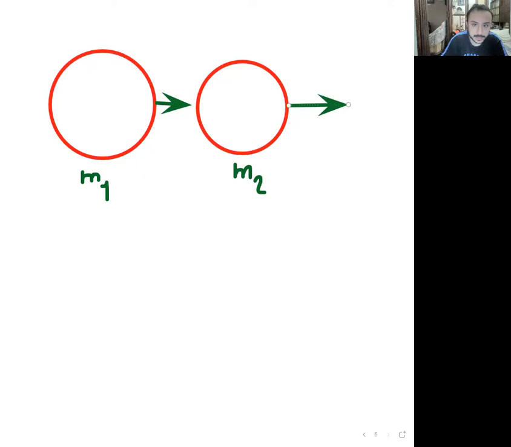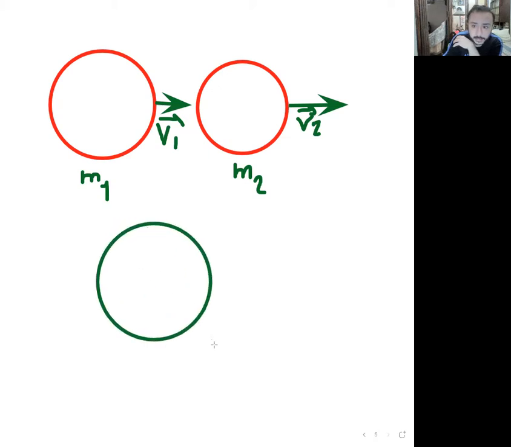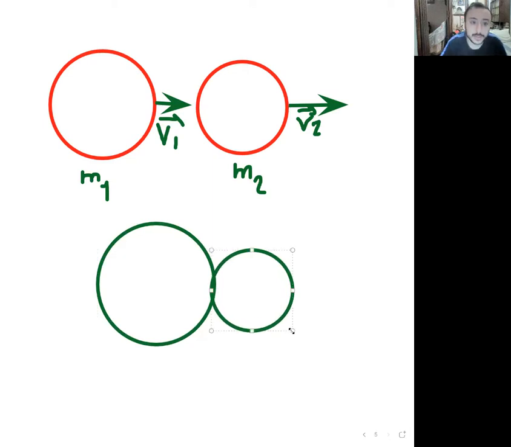Okay, so this is v1 and this is v2. After the collision, after they touch each other, the velocities of both change. The velocity of the first one becomes v prime 1 and the second becomes v prime 2, respectively.